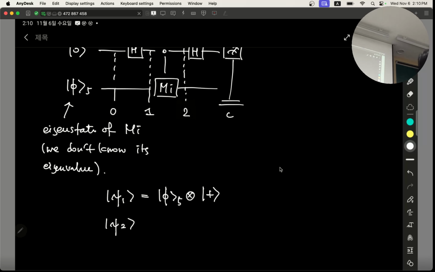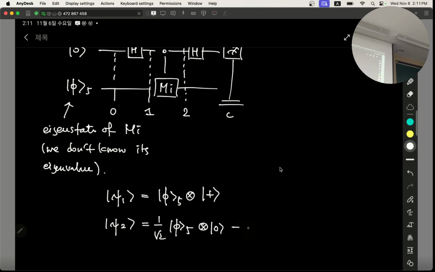Controlled mi means that depending on the control qubit, the first register, I decide whether I apply mi to the 5 qubit register here. Since mi is simply a separate operation on each qubit, it's a collection of controlled x and controlled z. If the control qubit is 0, I don't apply anything.